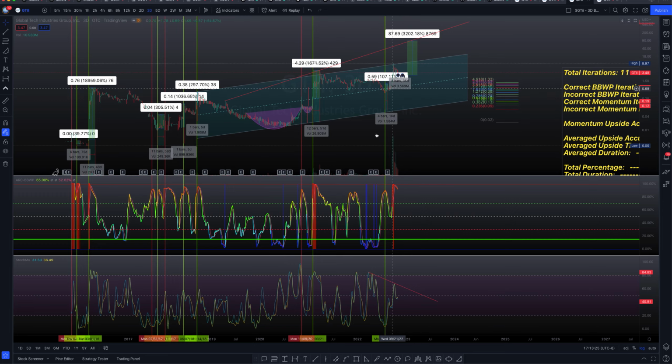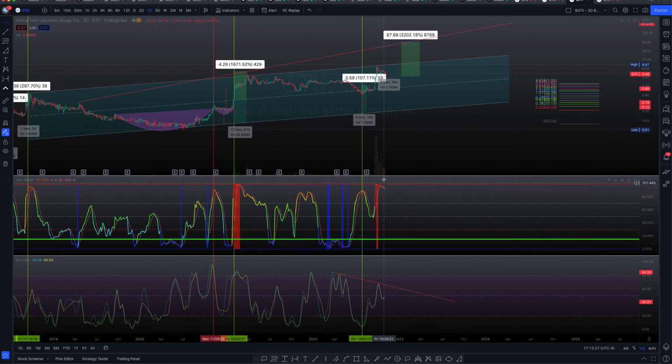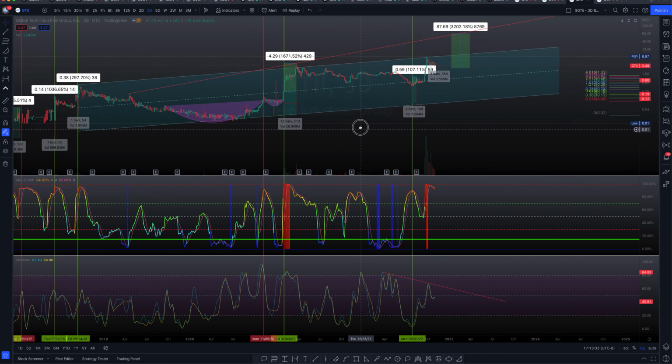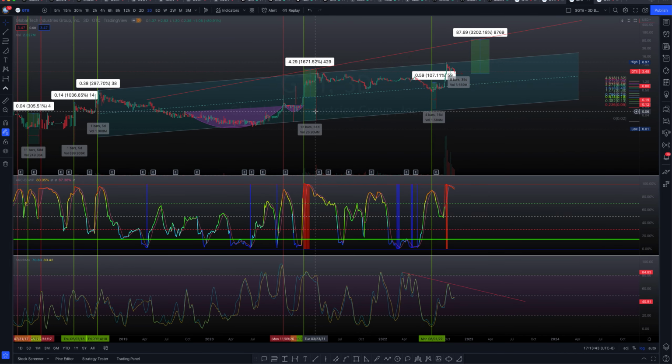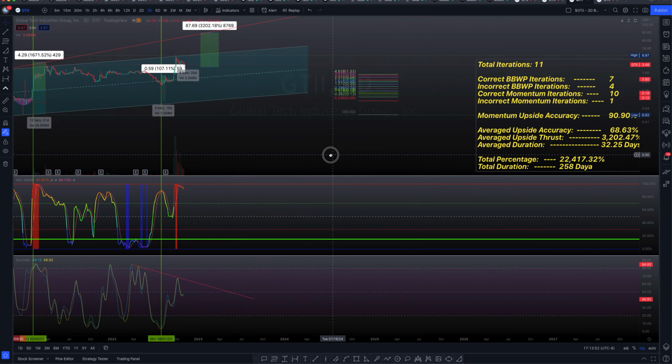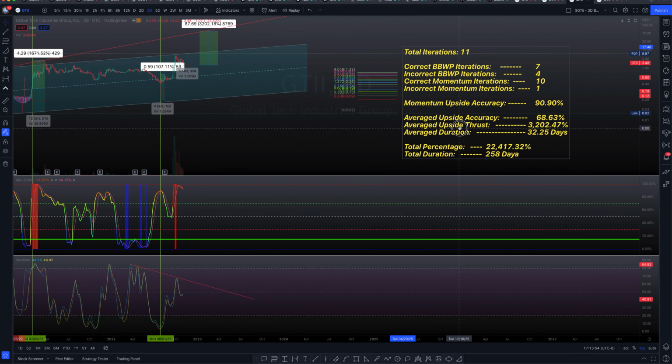I have taken note of every iteration from where we have contracted from above the 90 percentile, and in doing so, I have also calculated the incorrect versus correct guesses to the upside based on a contraction phase from those extreme highs. And I have also calculated the duration of the iteration and the upside thrust based on that iteration. So the metrics that come back are very interesting, you guys. So let's go ahead and go over those metrics.